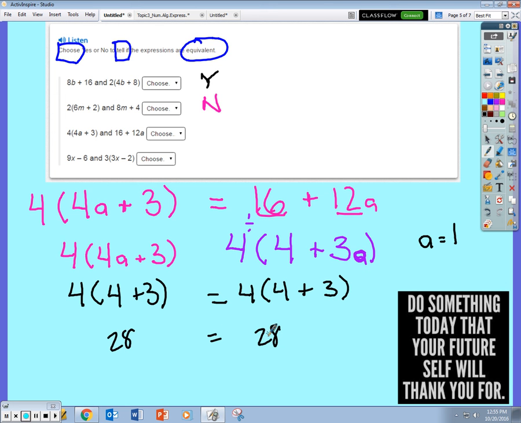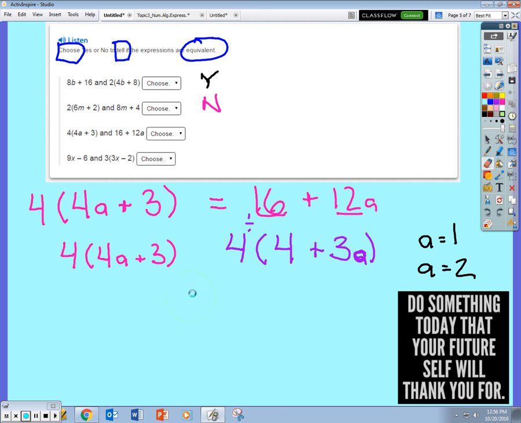Oh, wait a minute. I always want to check it one more time. Let's try a is equal to 2. So I'm going to substitute in now a 2 wherever I see an a. So now we have 4 times, 4 times 2 now gives me 8. 8 plus 3. 4 times 4 plus 3 times 2 is 6, right?